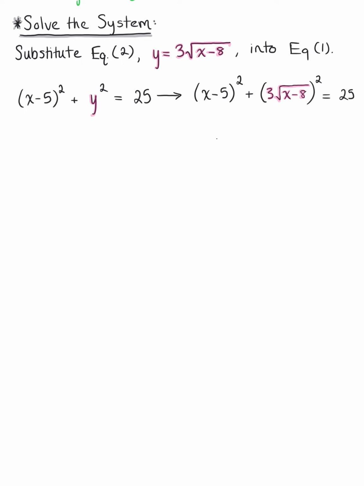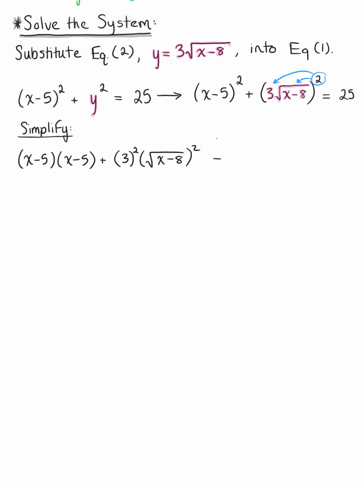Now, in order for us to solve, we need to simplify using the properties of exponents. So we can expand the first binomial product out to (x minus 5) times (x minus 5). And then using the properties of exponents on the square root, we can rewrite this as 3 squared times the square root of x minus 8, squared, all equal to 25.